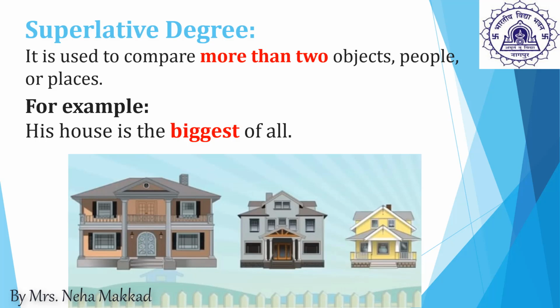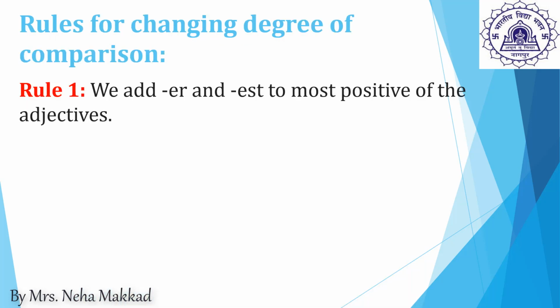So amongst all the three houses, the one we are seeing in the picture on the left hand side, it is the biggest of all. So the superlative degree will always have the article the before it, because it is the greatest of all, or it is the biggest of all, as you can see in the picture.